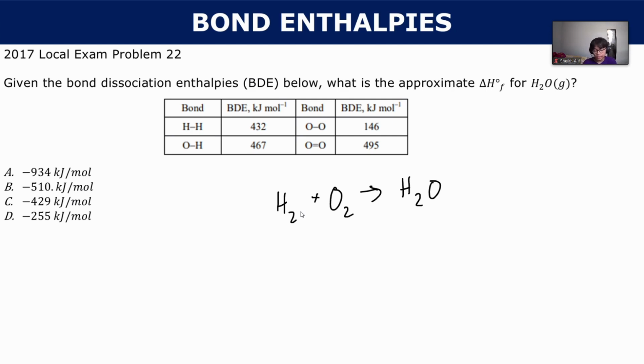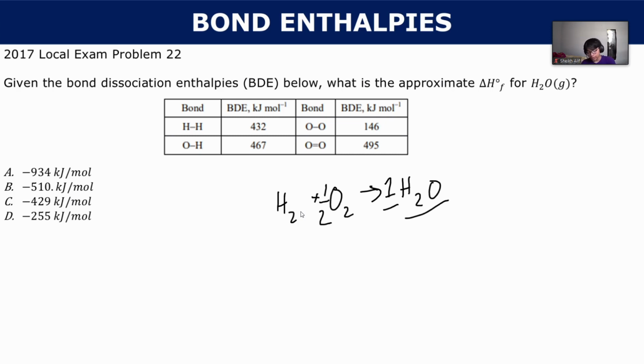What you cannot do is make this more than a 1, right? You cannot have any other stoichiometric ratio in front of this but 1. So what you're going to need to do is add a 1/2 to the O2 over here. So again, determining the change in enthalpy using bond dissociation enthalpies is going to be the sum of the bonds broken, which is going to give you a positive value, plus the sum of the bonds that are formed, which is going to give you a negative value.